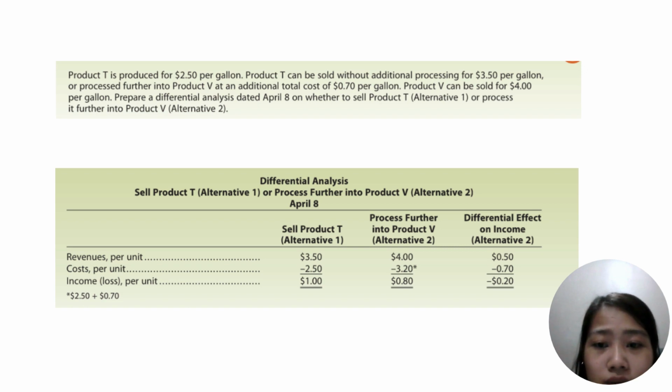So the total will then be 0.80 dollars of income per unit. As you can see, the income is higher for alternative 1 compared to alternative 2. So therefore, the best decision for the company is to sell product T.